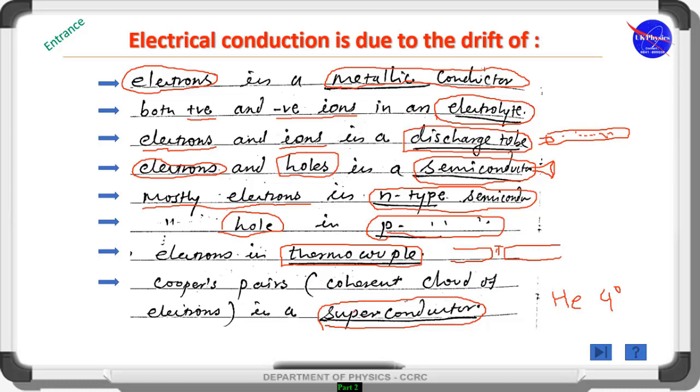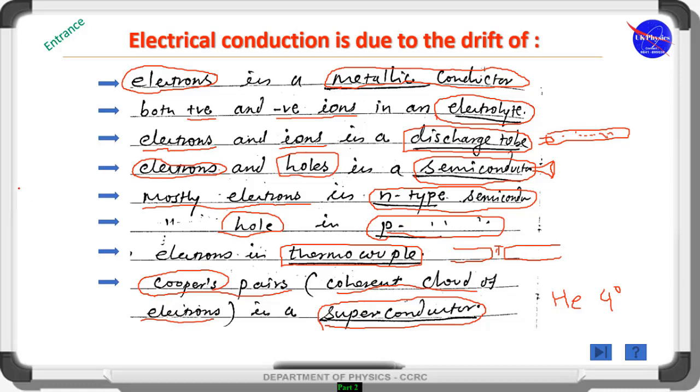In the superconductor the electrical conduction is supposed to be due to the coherent cloud of electrons. Coherent means same type. The electrical conduction inside the superconductor was determined firstly by Cooper, the name of the scientist. He found the cause of electrical conduction inside the superconductor, which is due to the coherent cloud of electrons.